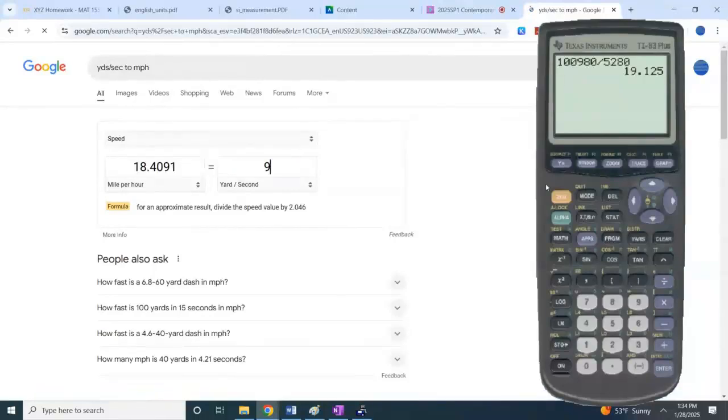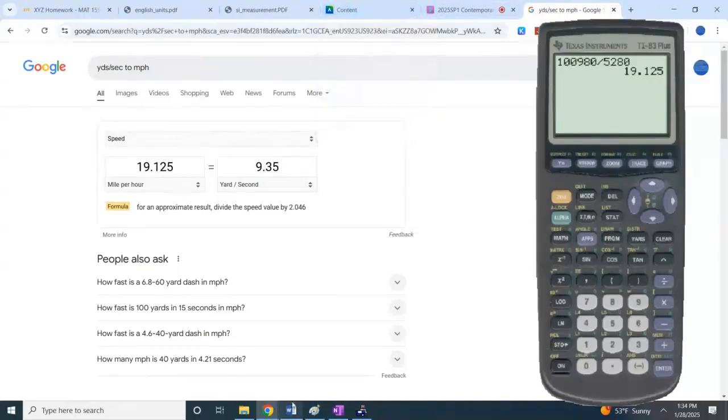So it was 9.35, and we get 19.125. So I just put in yards/seconds, and then I just chose the first one, and it just gave me that conversion.